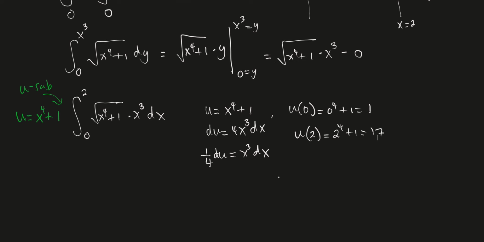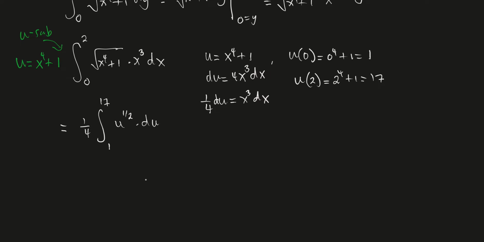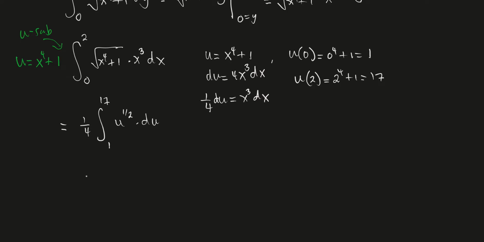There you go. So here's our even more simplified integral. We factor out the 1/4 because we know that's a constant multiple. Our new lower limit is 1. New upper limit is 17. We now have u to the 1/2, and then we have our du. And so we've reduced this problem. I wouldn't say it's trivial, we still have some work to do, but we can definitely see the way forward.